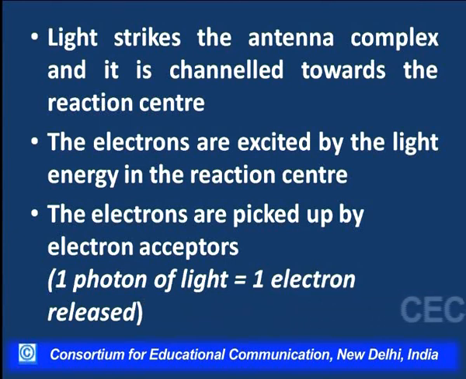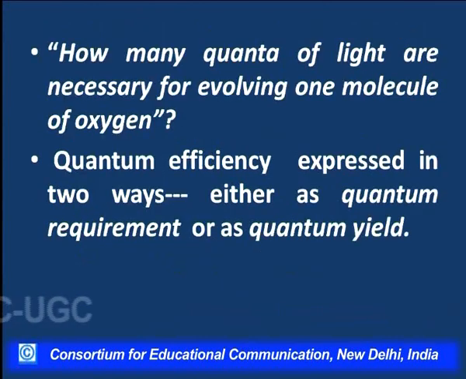Once the light strikes the antenna complex, it has to be channelized towards the reaction center, which is the focal center. When enough energy is present there in the reaction center, then the electrons are finally ejected from there. One thing we know for sure and for a long time is that one photon of light is considered to be able to release one electron. So this kind of equivalence is going to be the basis of our subsequent calculations.